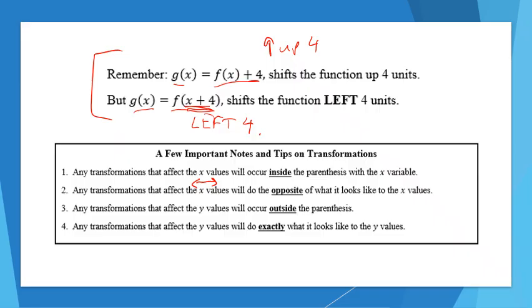Just remember, that's something I would commit to memory: if it moves the graph left or right or affects it horizontally, it's going to do the inverse of what it looks like it should do, and it is going to happen on the inside of that function. Any transformation that will affect the y values or affect it vertically, moving it up or down, or when we get to it later, stretching it up or down, will affect the graph on the outside of the parentheses, like so, and will do exactly what it looks like it should do. So very, very important there.